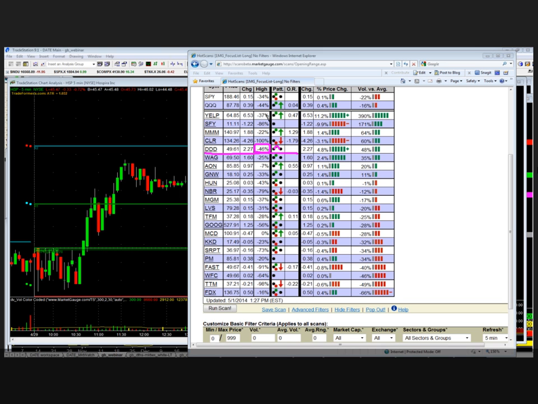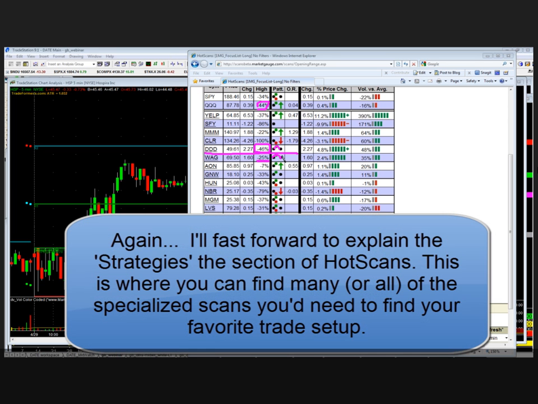If I wanted to find something that was just breaking back down into the opening range and still near the high of the day, WAG would be a better example, because WAG is only 25% of its day's range from the high of the day. So it's broken out of its opening range, and now it's back into its opening range, a possible opening range reversal. Now, I'm not looking for opening range reversals against the highs in my long list, but you can see, I hope, how I can find the patterns as the day is progressing.